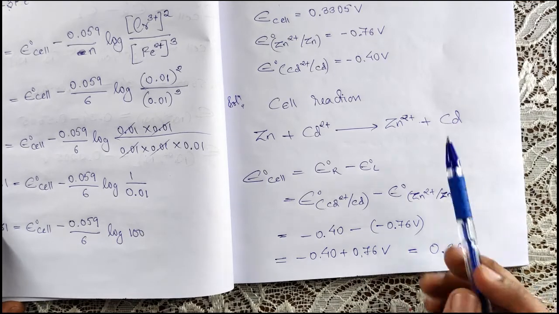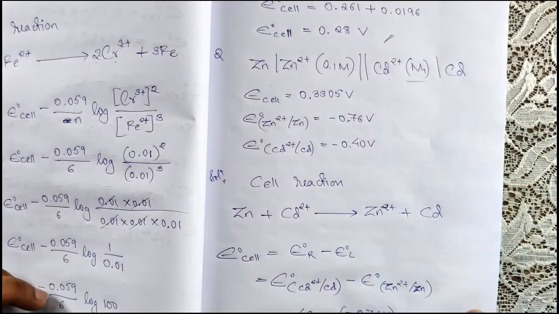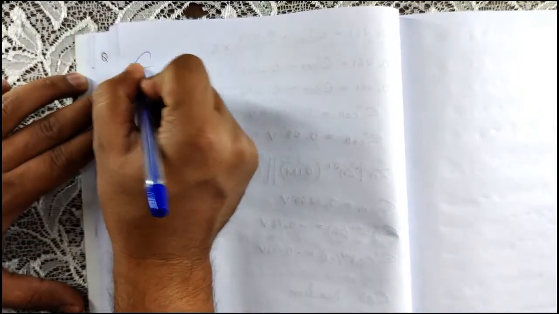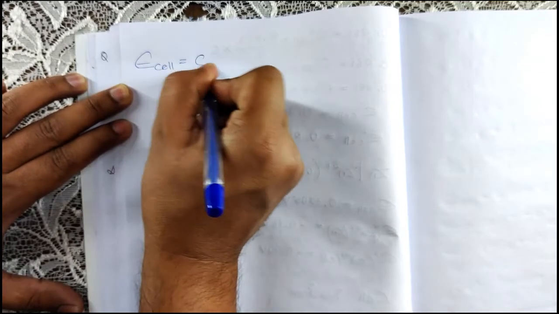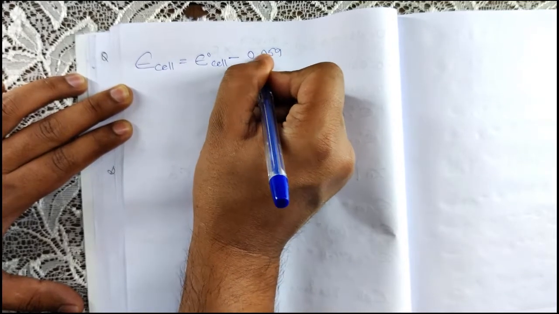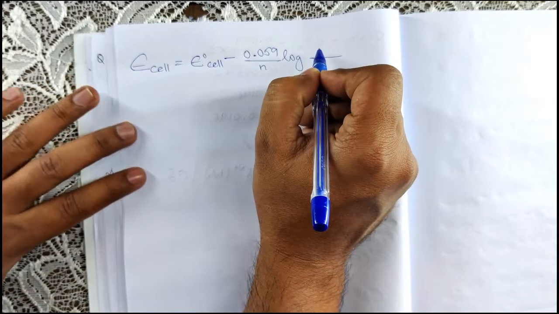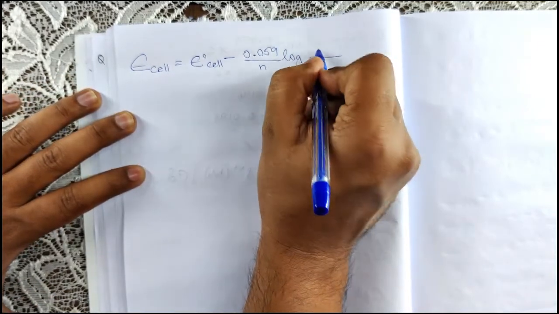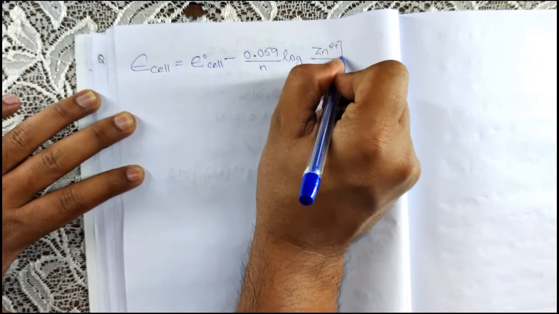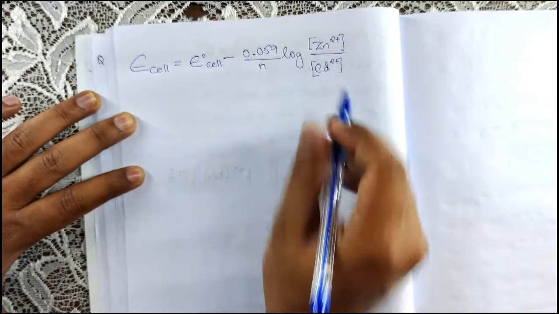So now we shall find the concentration of cadmium. So first we shall write the Nernst equation. E cell is equal to E naught cell minus 0.059 by n log Zn2 plus by Cd2 plus.